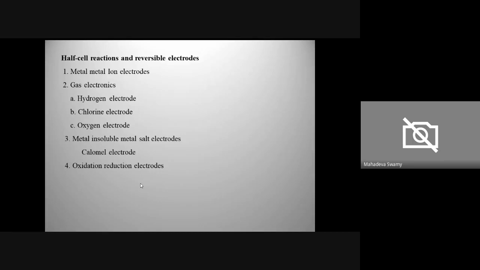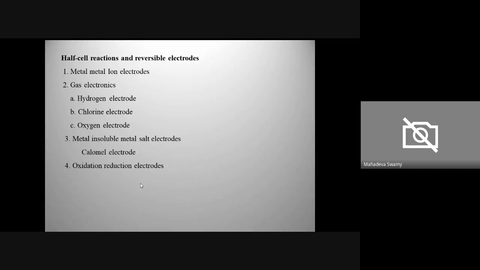So this is one example. Second one, here silver is the metal, then silver chloride is the insoluble metal salt. So that is also a better example for the third type of electrode.